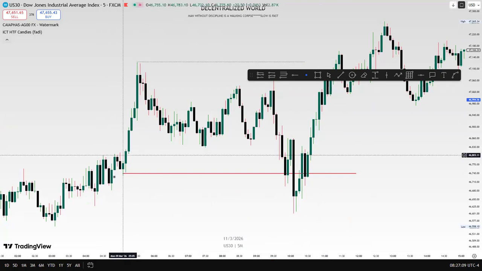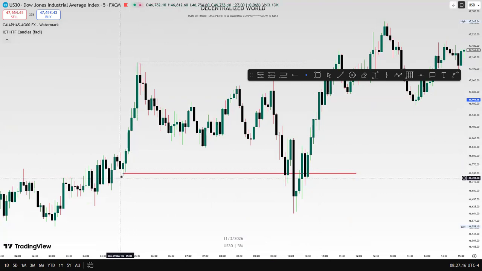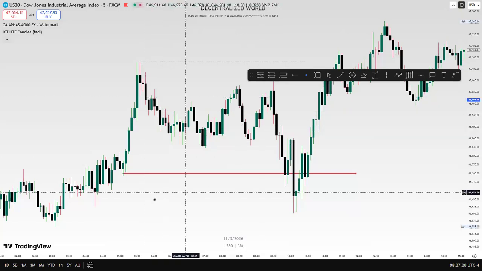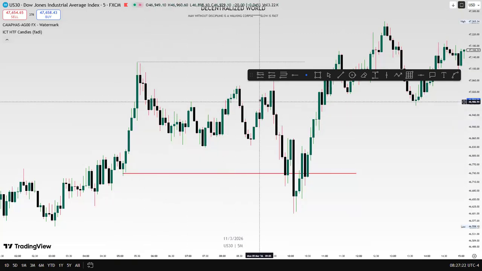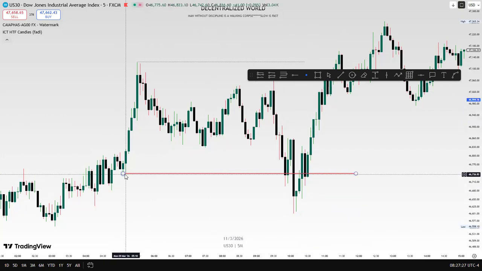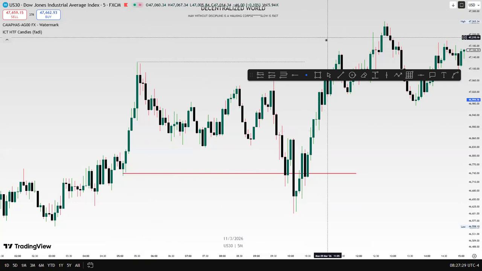This is a high. This is a low. The low that created this high was this one. So we had a long price leg. Then after 9:30, price retraced and took out the low first, right? And then started going higher.